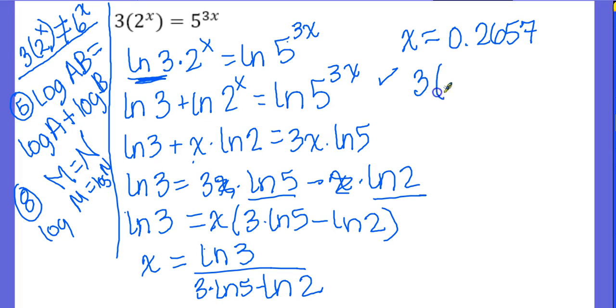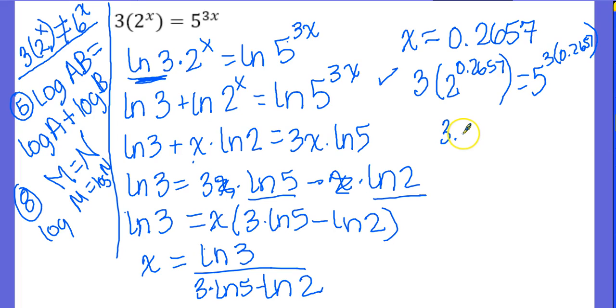So 3 times 2 to the 0.2657 should be equal to 5 times 2 to the 3 times 0.2657 power. And when you plug that into your calculator, you get the answer, 3.6066 equals 3.6066. True statement. Just plug it in your calculator, it'll spit those numbers out for you.